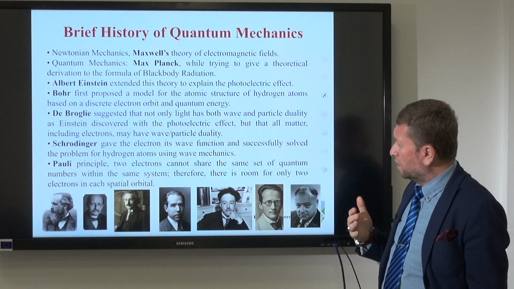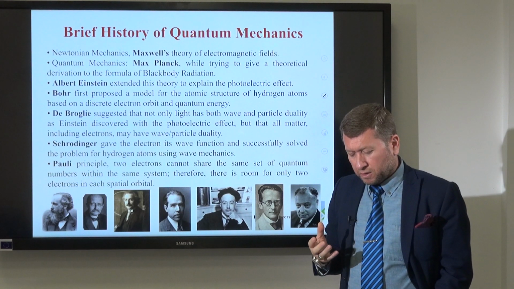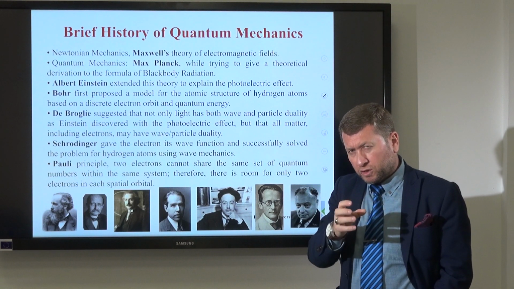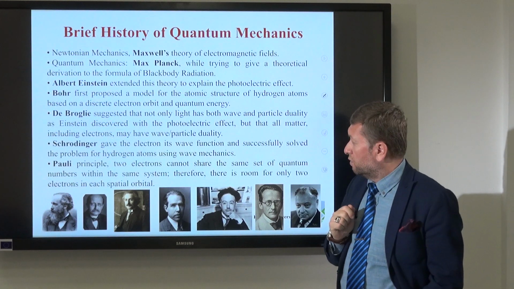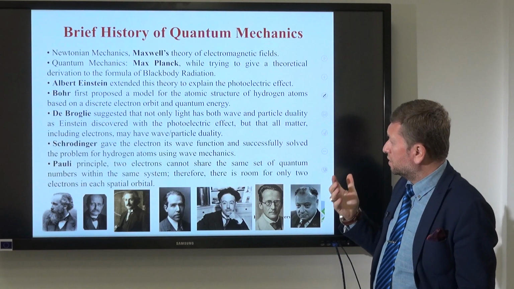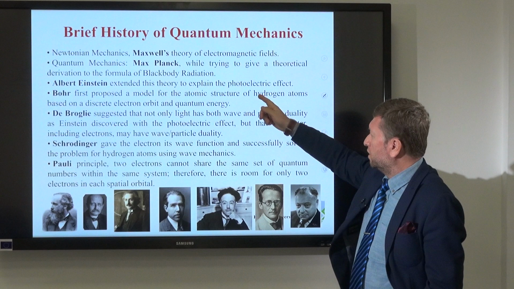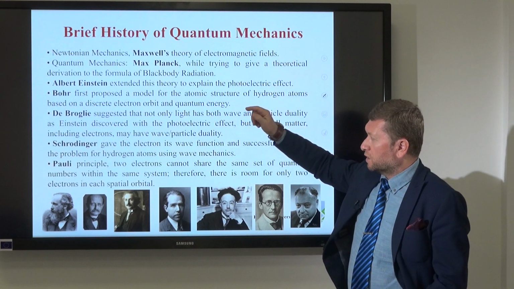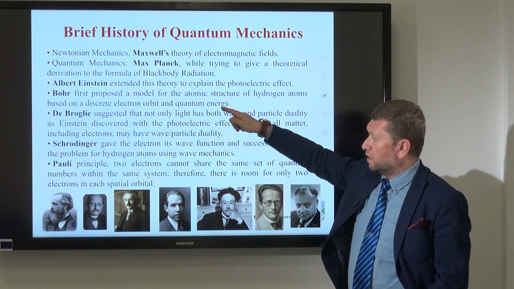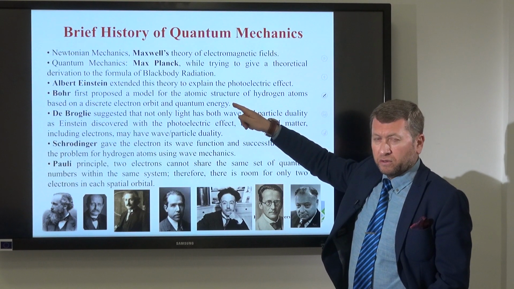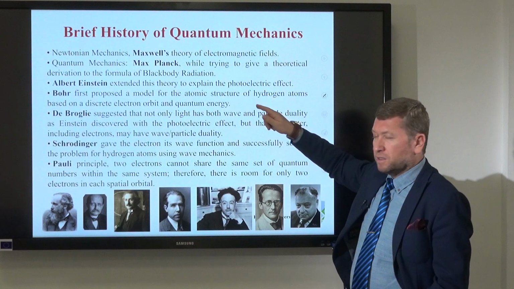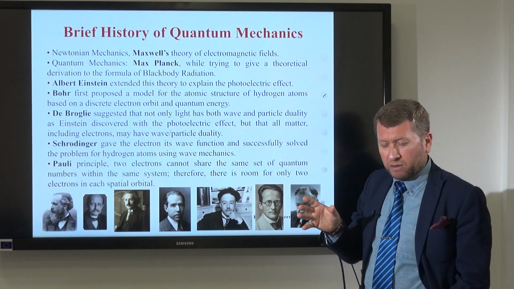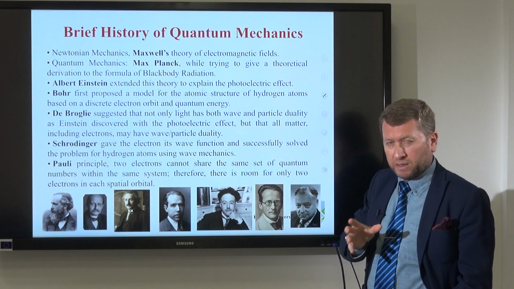But later on, Einstein considered the Max Planck theory and extended it to explain the photoelectric effect. So after the Max Planck theory, there is Einstein's theory, also related to the discrete energy levels of the materials.